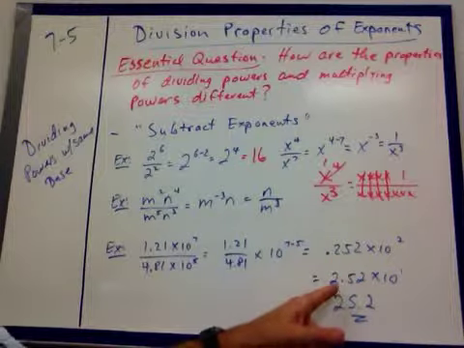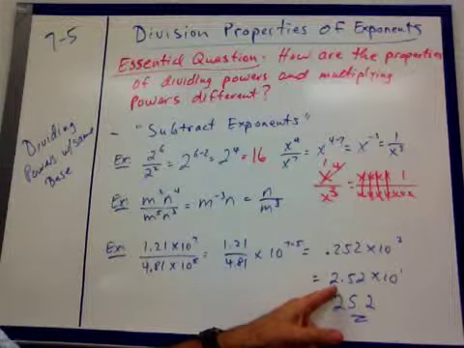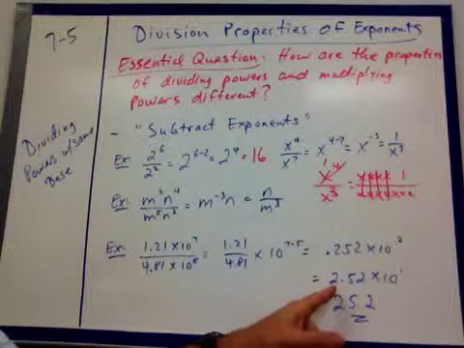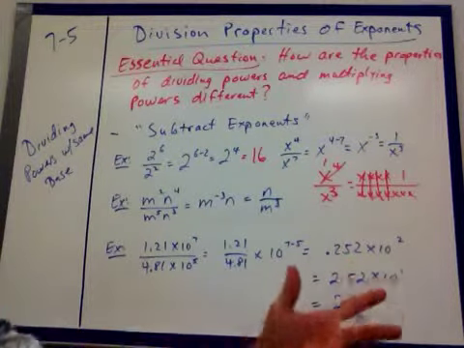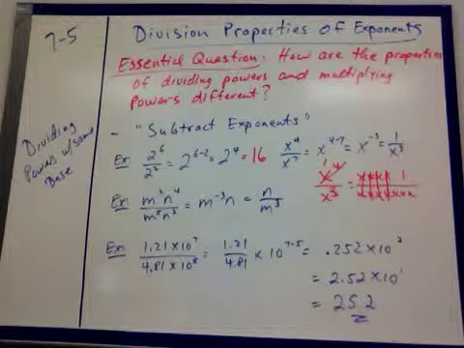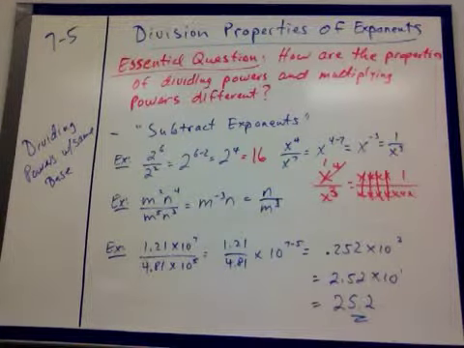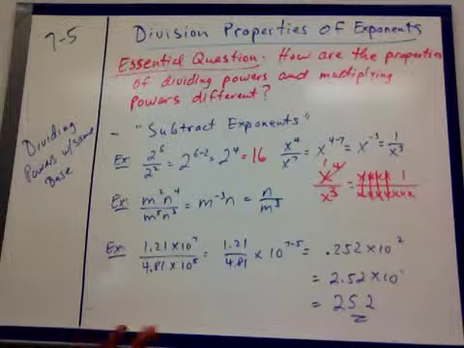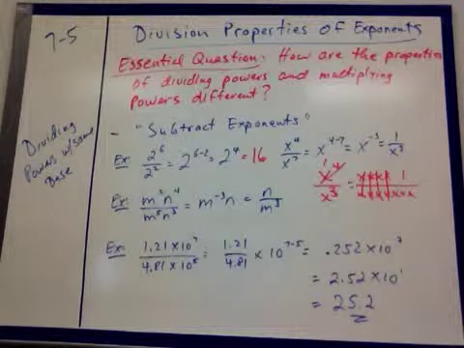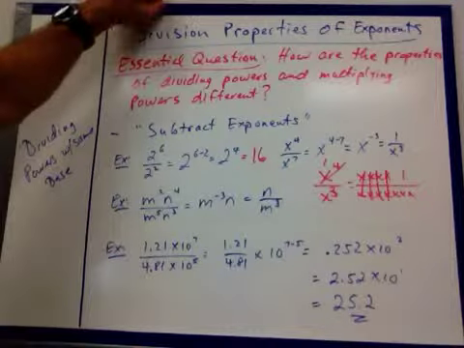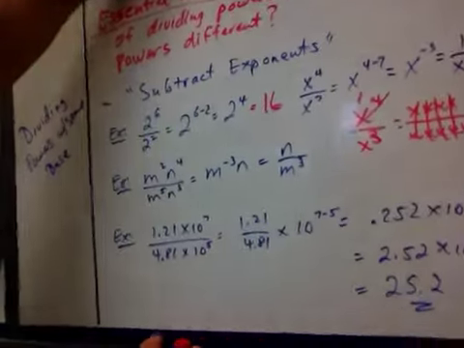Move it one place because you have to have one digit between 0 and 10 here. So I had to move it 1 to keep it in scientific notation. And since it was times 10 to the first, or 10, I just went ahead and moved it one more. It's 25.2. So we normally don't write numbers like that in scientific notation. We save that for the big ones or super small. Okay? So subtracting exponents, top minus the bottom, when you have a common base.